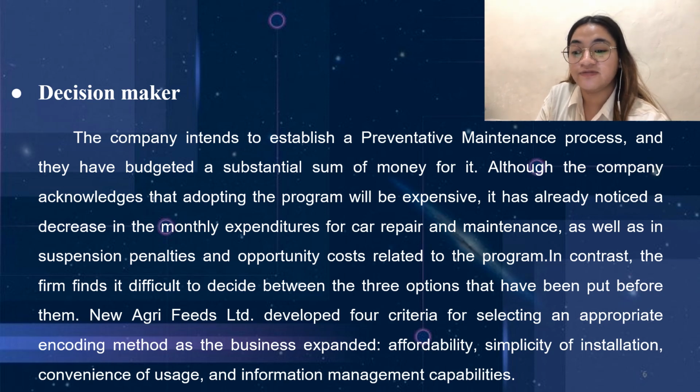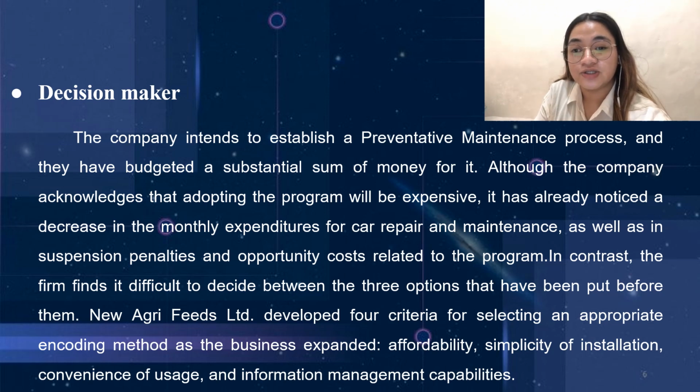Each of these four factors is crucial in figuring out how to enhance the company's current encoding system, since it affects the total cost of the system, the time it requires to set up, and the software's capacity to find and also to preserve and arrange data when it is required for simple access, along with the software's usability to prevent any uncertainty that may arise.